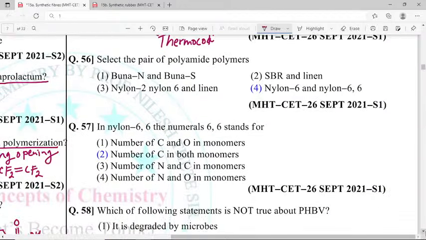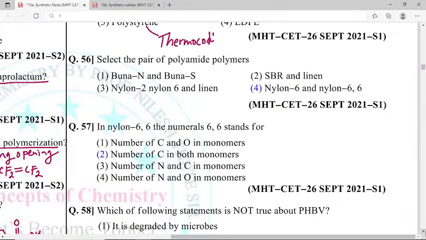Select the pair of polyamide polymers. Polyamide polymers are nylon 6 and nylon 6,6. Nylon is a Greek word that stands for polyamide.